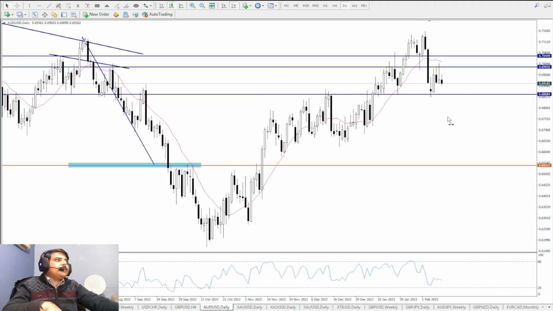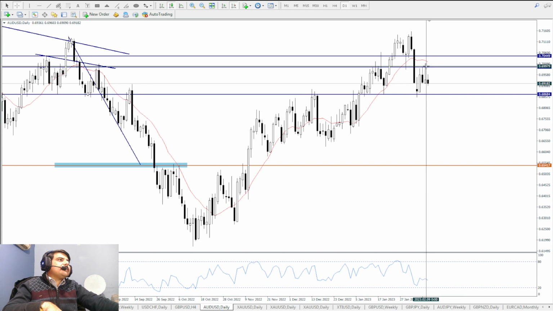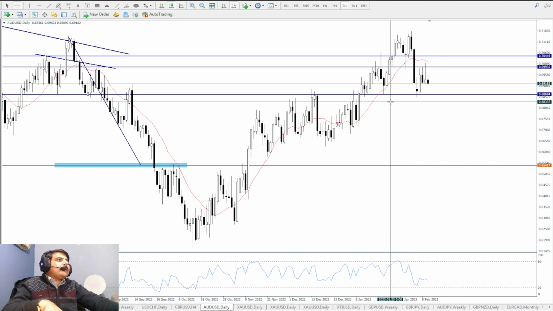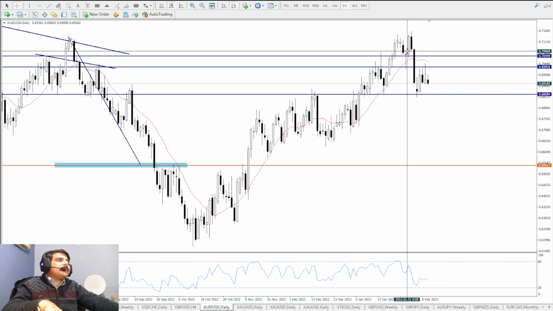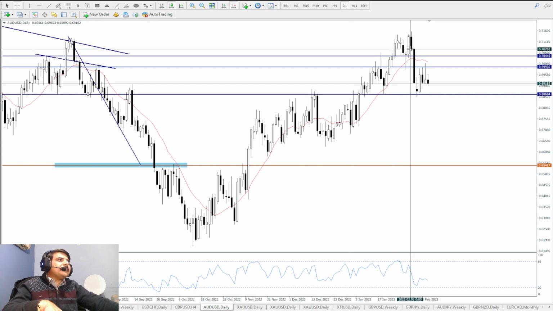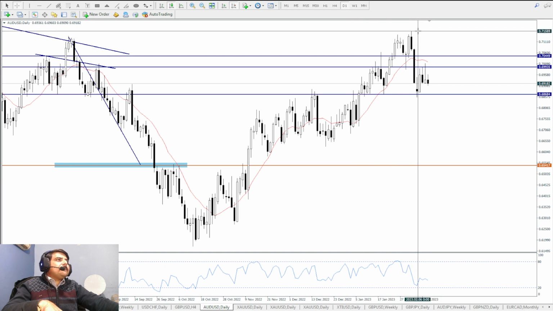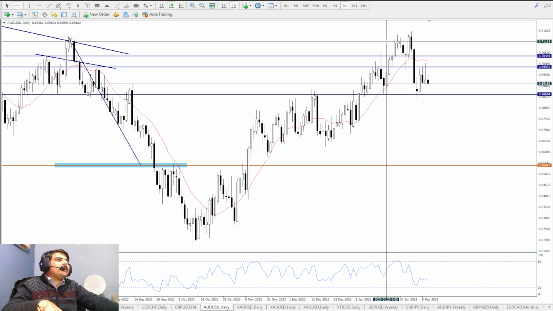Aussie dollar, US dollar, I have discussed it. I gave this sell trade and it should be 88 pips up till now. So far, personally, I did not trade it because I was stopped out right here on a sell trade on a lower time frame. I took a sell trade and I was stopped out right here.